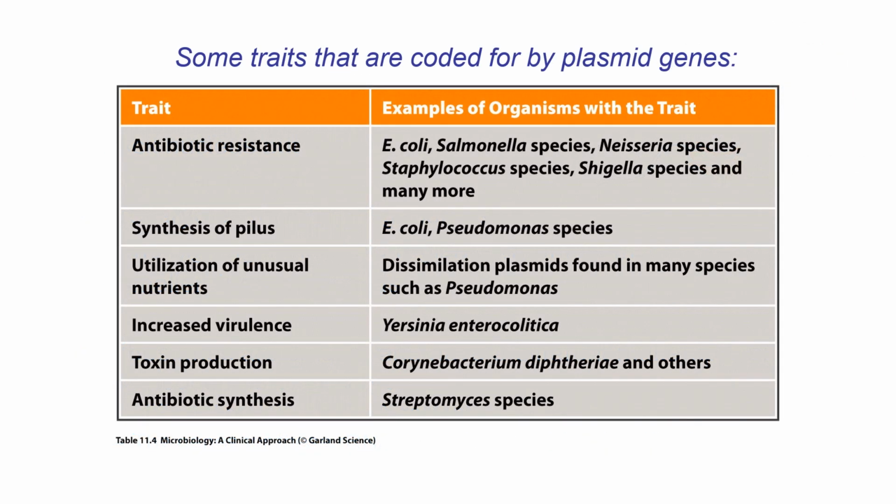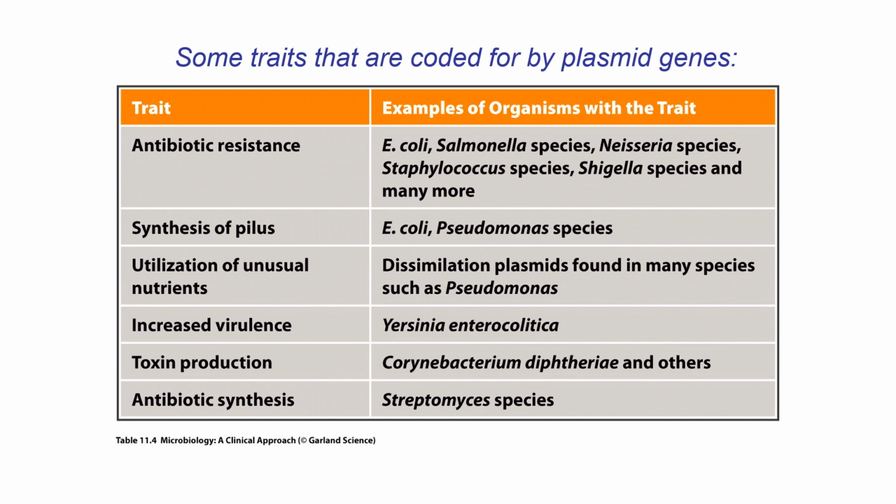Despite the fact that plasmids are quite small, they're much, much smaller than the chromosome, and despite the fact that they don't contain very many genes, they can be very important. So as I mentioned, sometimes on plasmids we'll find genes that convey antibiotic resistance. But we might also find plasmids that contain genes that allow for the synthesis or construction of a pilus.